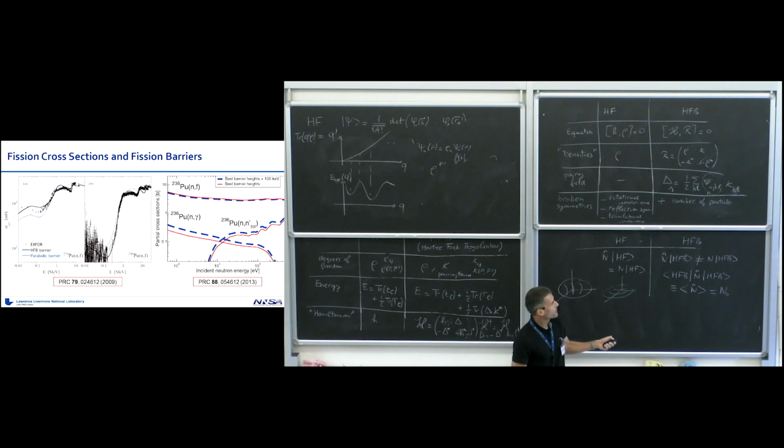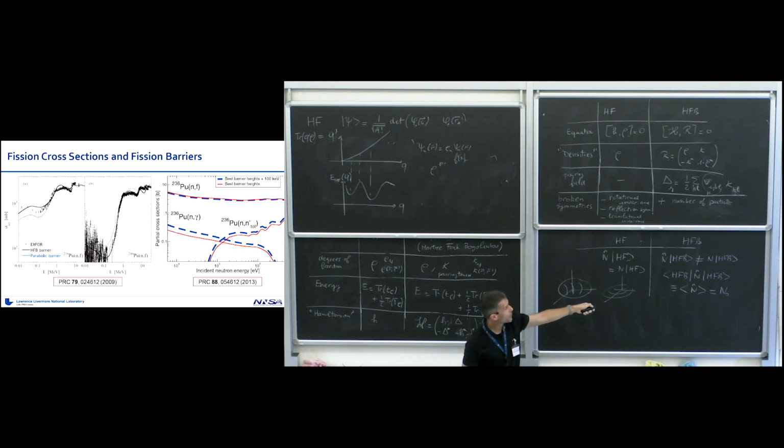This is a plot of the fission cross section in this particular nucleus, where the only thing that was changed between the calculations, you don't know yet how we do these calculations, I'm going to say a few more words about it later on, but those calculations depend on the height of the fission barrier.